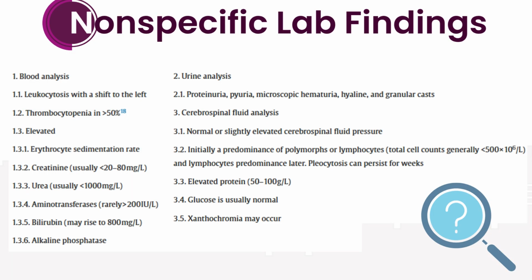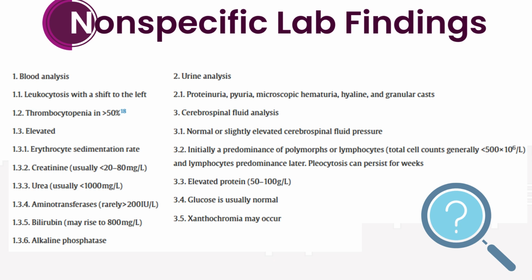So here, the various non-diagnostic abnormalities are reported in the table shown, and these only suggest leptospirosis. Specific microbiological tests are also required for confirmation. We have two types of analysis that can be performed: blood and urine.